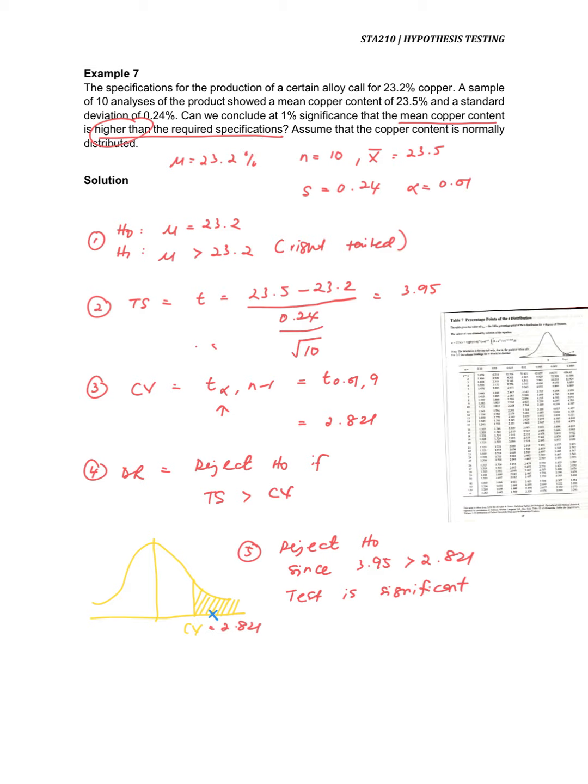Okay, since kita reject tadi H naught kan, so statement yang kita akan terima adalah H1. So we can say here the test is significant, the mean copper content is higher than required specification.